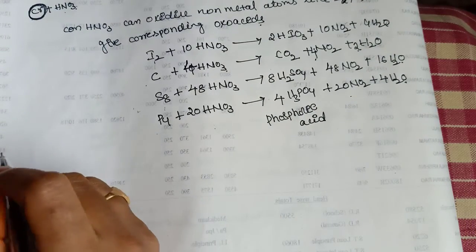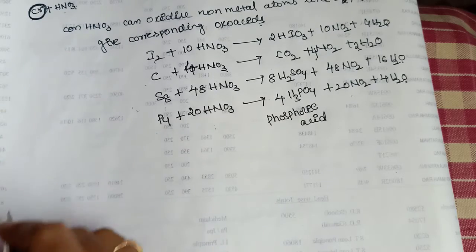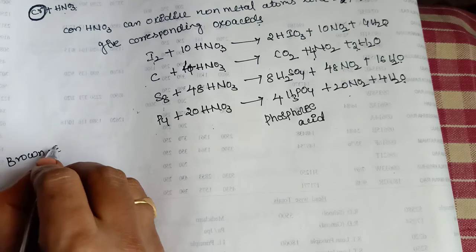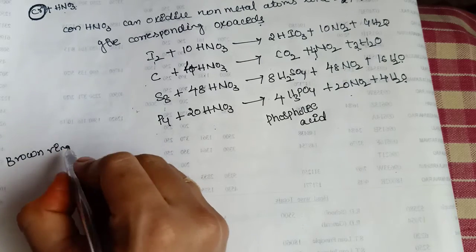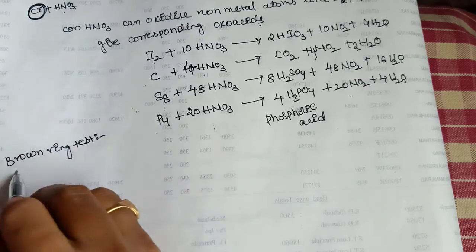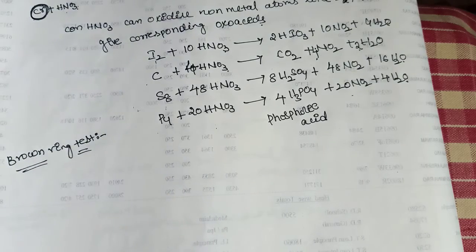Next one: how can you identify nitrate ion? That is the brown ring test. By the brown ring test, we can identify the nitrate ion.